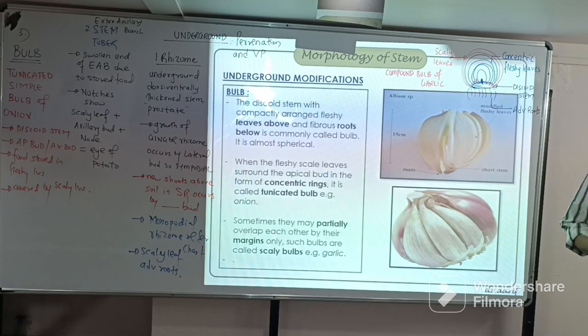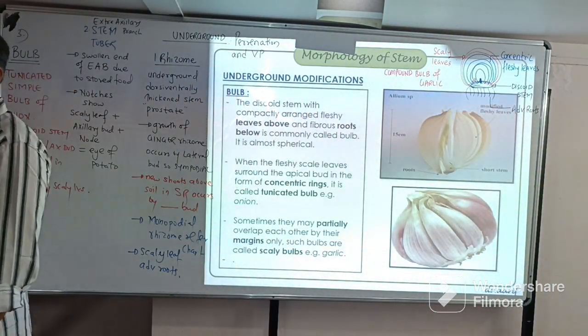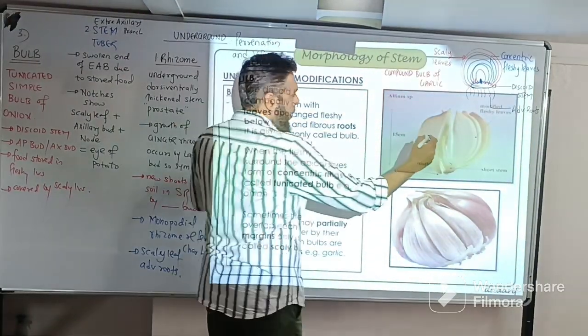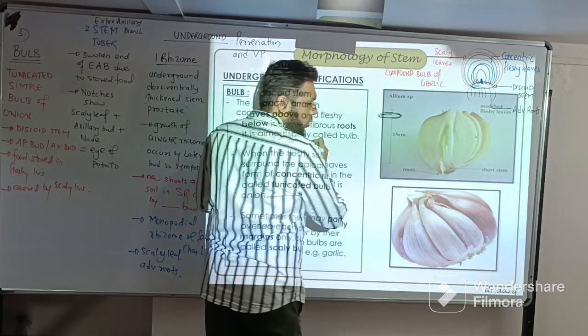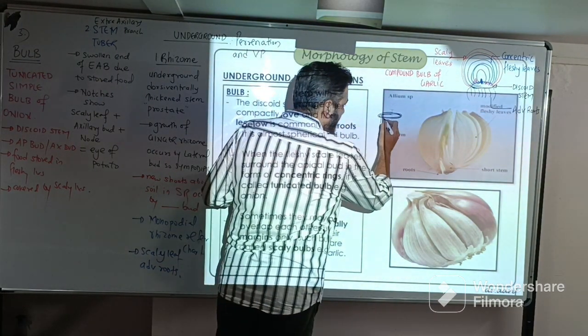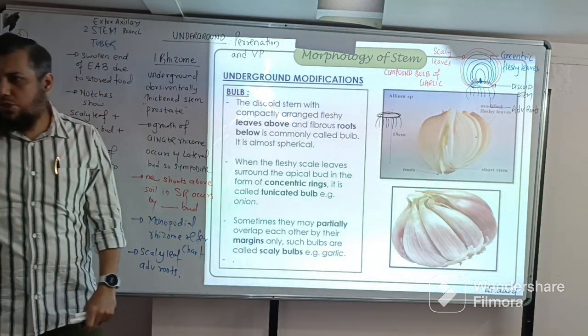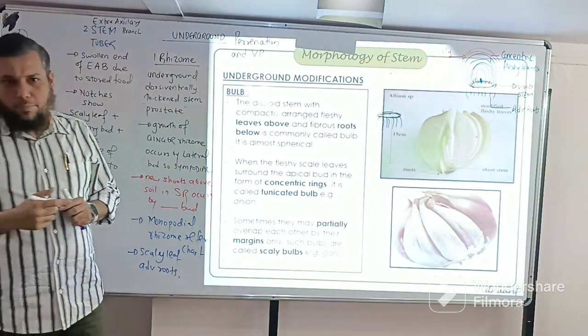Which bulb are we discussing? Compound tunicated bulb of garlic. Okay. So here it shows the presence of, once again, the same thing. Who is this? A discoidal stem. Who is this? Adventitious roots. I hope you got my point.